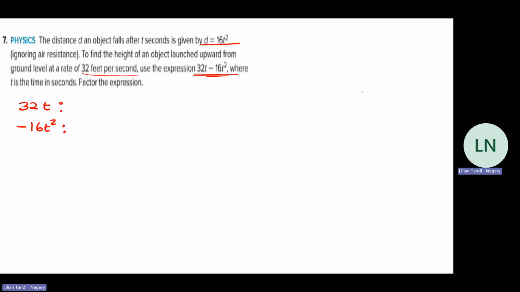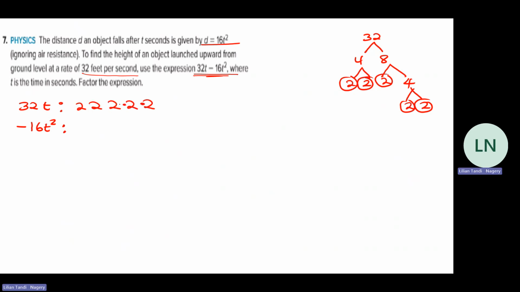32, let's break down 32. 4 and 8, none of them are prime. 2 and 2, I agree. 2 and 4, then break down that, 2 and 2. How many twos are these? 5 twos. 1, 2, 3, 4, 5. Put your dot, and that's only one t.